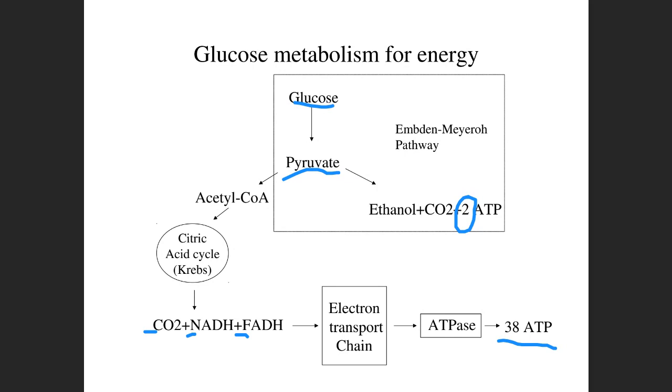So the 2 and 38 are so different. Why would anyone choose 2 ATPs, right? Sean, did you have a comment? I was gonna say maybe they picked the 2 ATPs because they can't do the citric acid cycle.